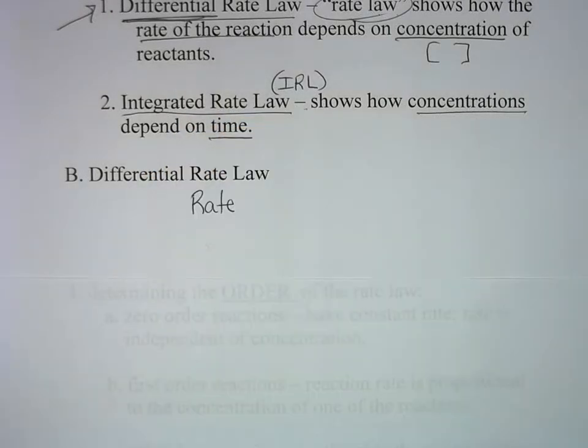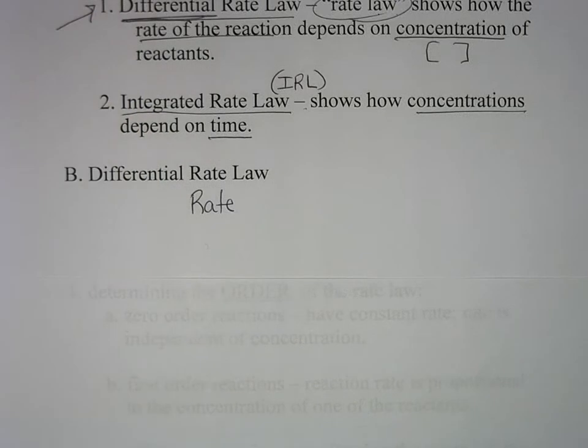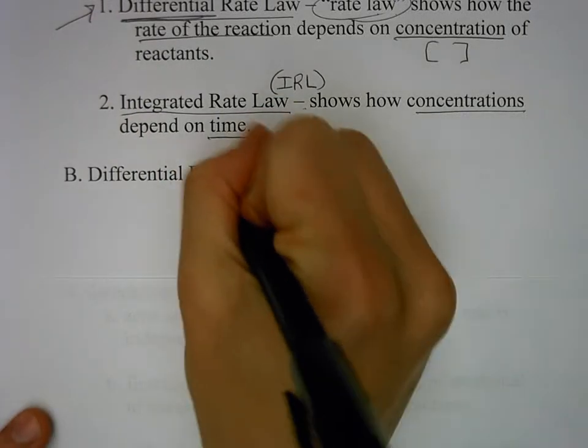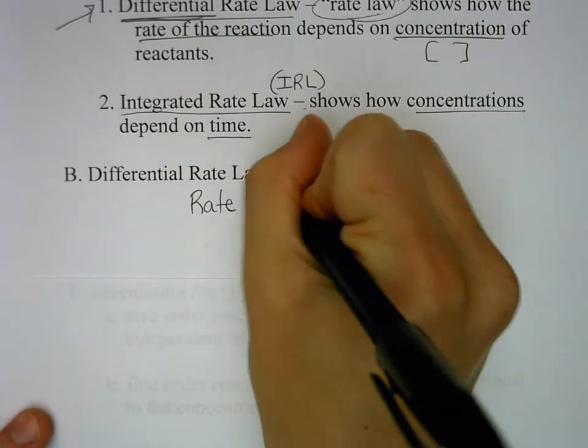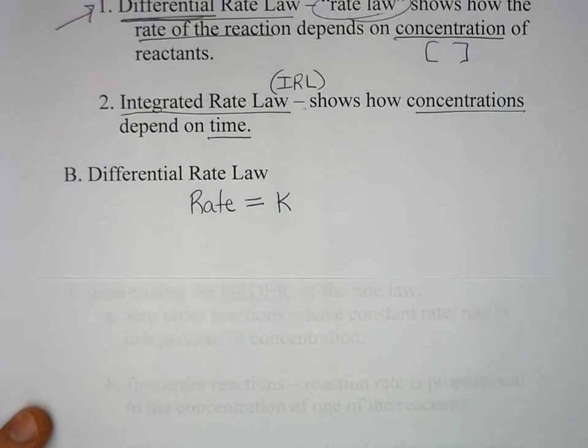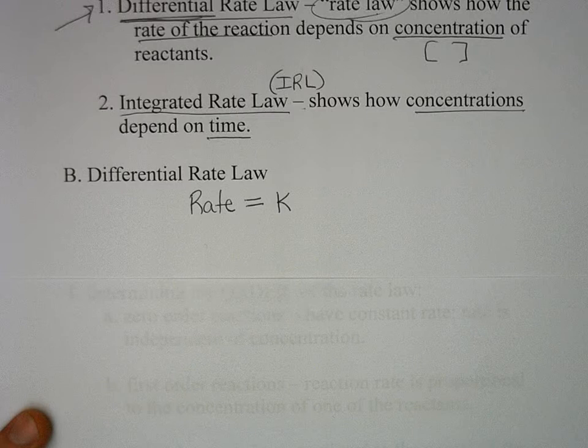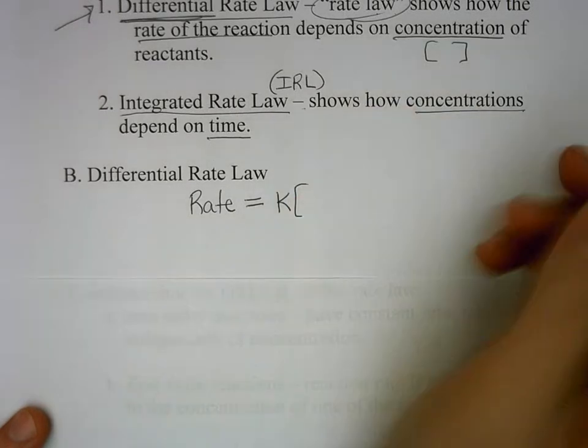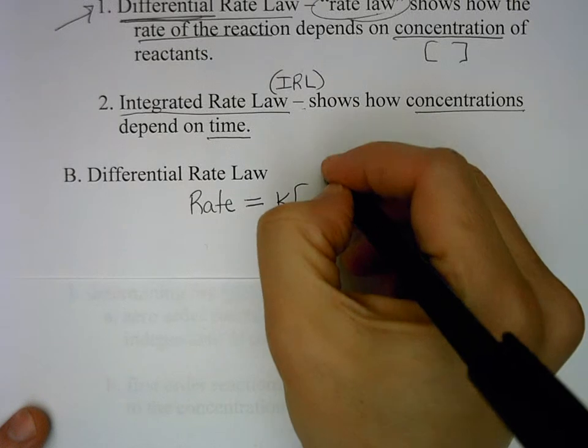Okay, so the general format of a differential rate law equation is the rate is equal to K, and this is the first of about 10 different Ks we're going to talk about. But K times the concentration of, you know what, I should start out with this reaction up here.